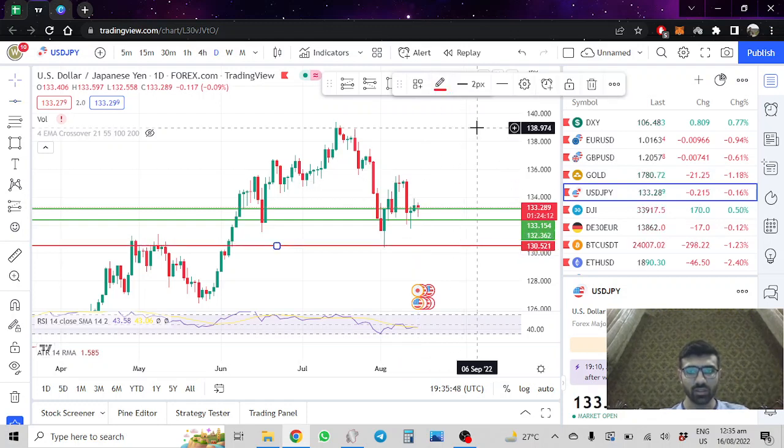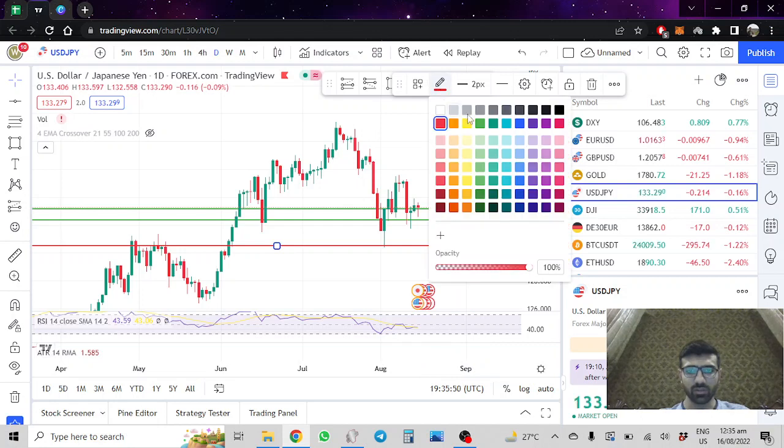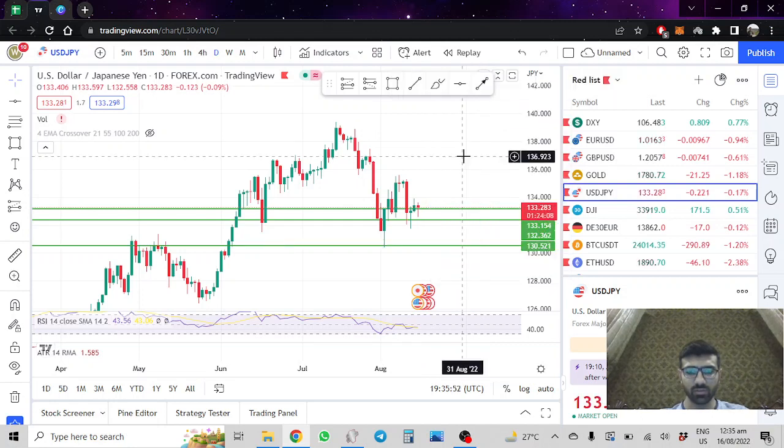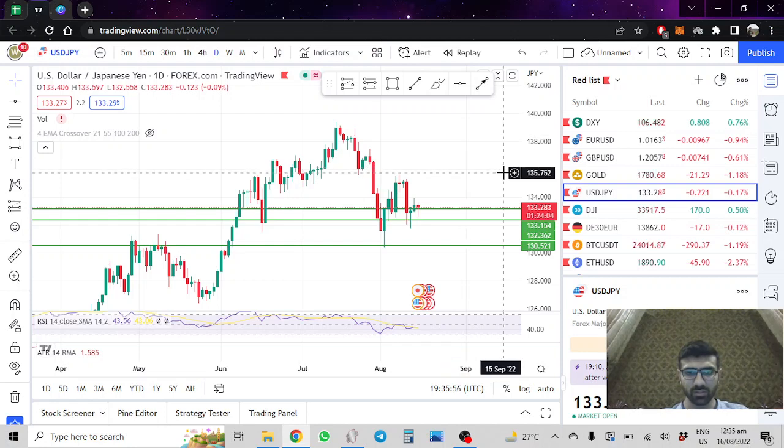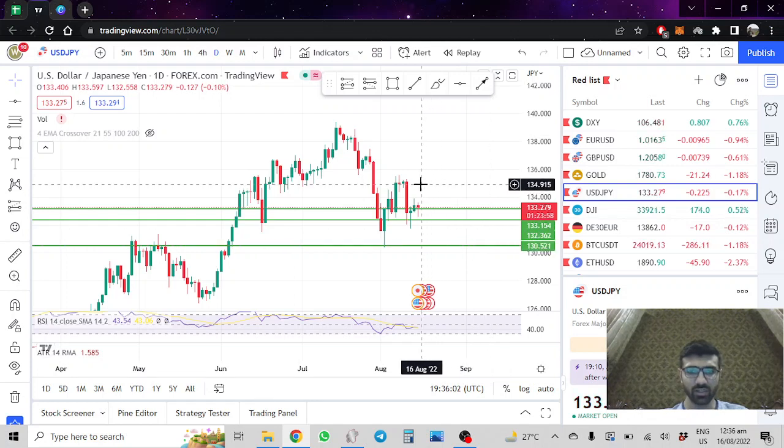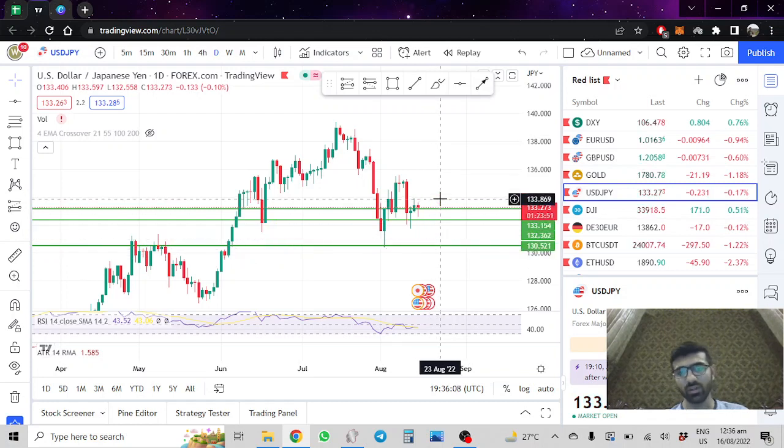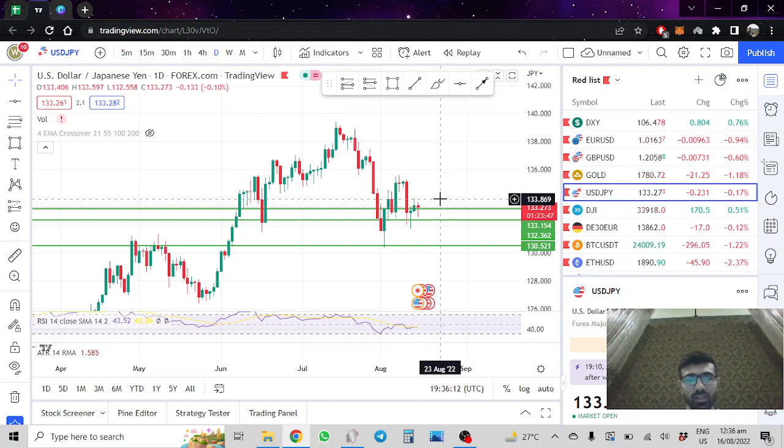I'm gonna make this green so you guys know. In the daily it has not broken this area, so we are still bullish on it, and until it takes out this area, I'm gonna go for a long trade for a 50% retracement according to the Fibonacci level.